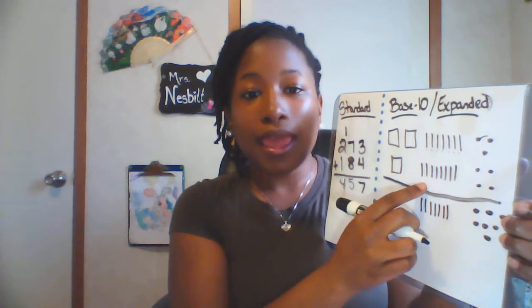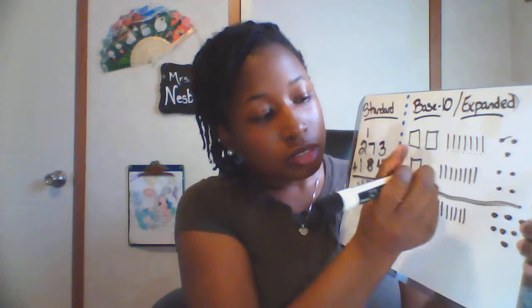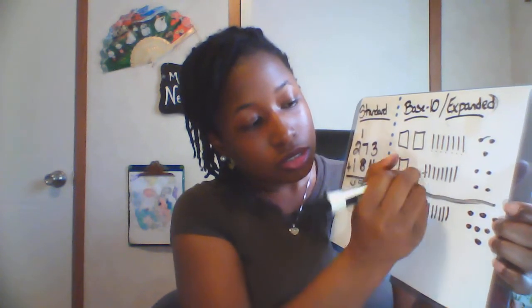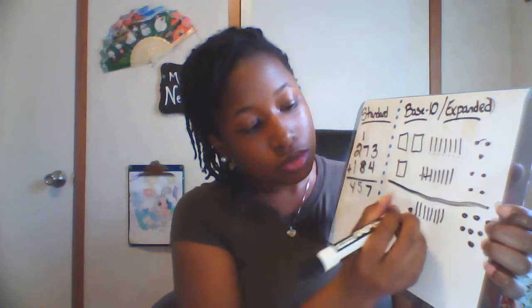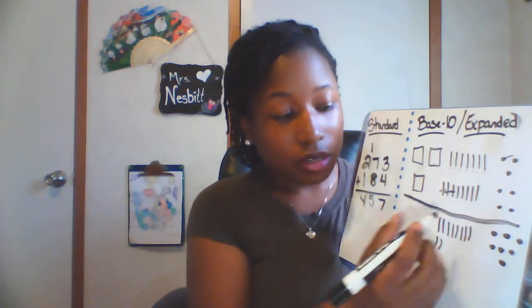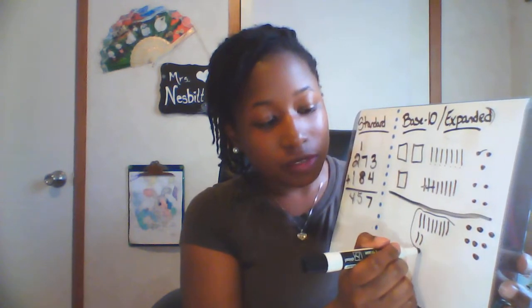Now I have to add these 8 tens over here. So 1, 2, 3. Since I already had 7 of them up there, when I add 3 of the 8, I now have a group of 10.